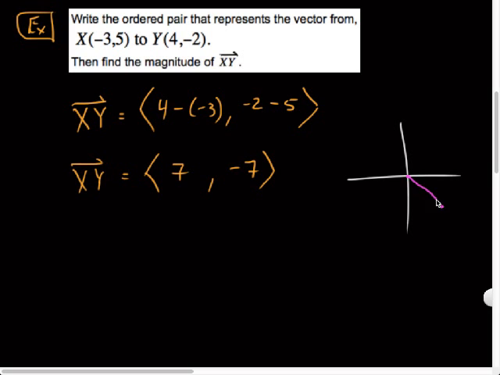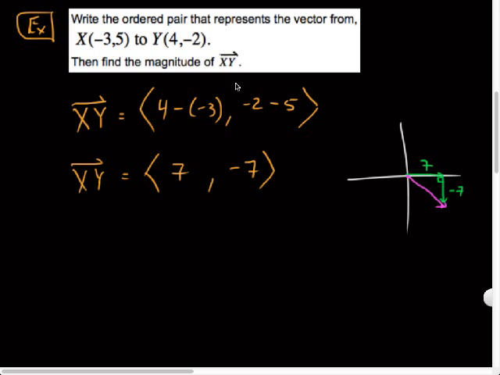Its horizontal component is 7 and its vertical component is -7. If I shifted it back to starting at -3, 5, it'd still have the same magnitude and direction.